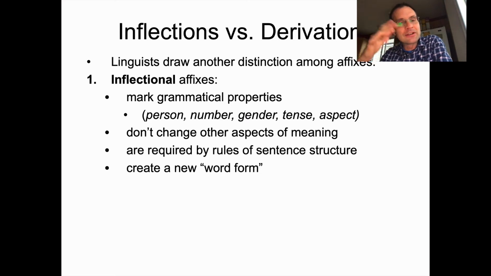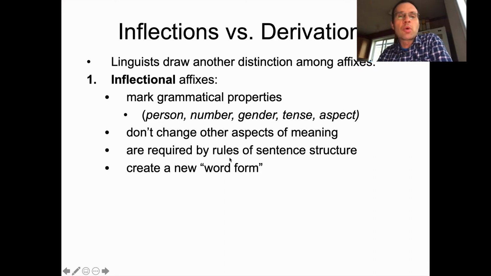Number is either singular or plural in English. There are actually some other languages out there which can have dual number, where you talk about just two people at a time. Gender, male, female, neuter, and so forth. Tense, aspect. So different affixes can attach to nouns and verbs to signal different values of these grammatical properties. They don't change other aspects of meaning, so that's what I mean by them being semantically superficial.